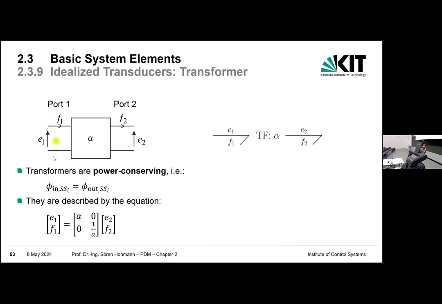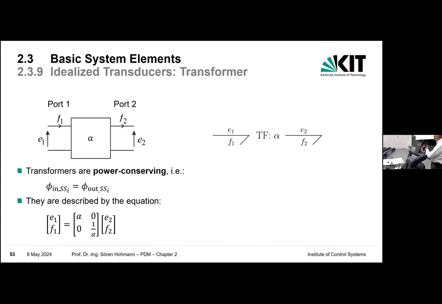So the effort variable on the left-hand side, port 1, is coupled to the effort variable on port 2 by means of an alpha. So it's just a linear relation. Alpha times E2 gives E1. And the same happens with the F values, but in a reciprocal way. So F1 is equal to 1 over alpha times F2, and that's it.